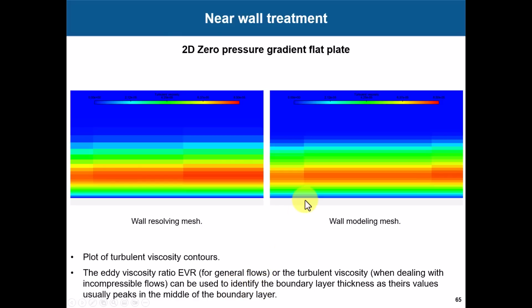So when you analyze your flow, you see that in the middle they tend to peak, and that is another way to know that whatever you're doing is correct. If this peak is outside of the boundary layer, there might be a problem, or much closer to the wall, there might also be a problem in what you are doing.